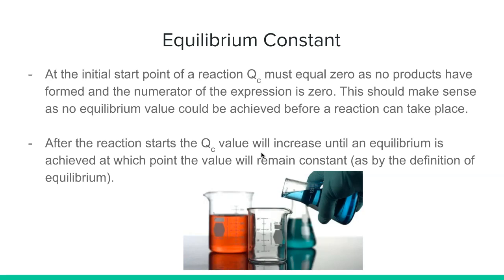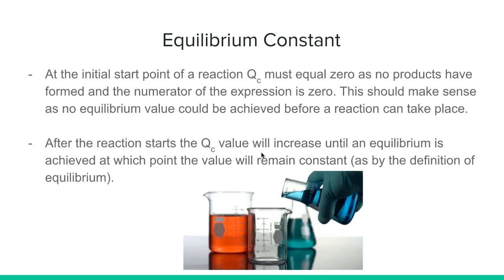Now, this should make sense, okay, because no equilibrium value can be achieved before a reaction actually takes place. For a forward and a reverse rate to be equal to one another, you have to allow time for those reactions to actually come into existence, so to speak, once you mix the reactants together. At time 0, or at the initiation point of your reaction, it's not going to be possible to have equilibrium.